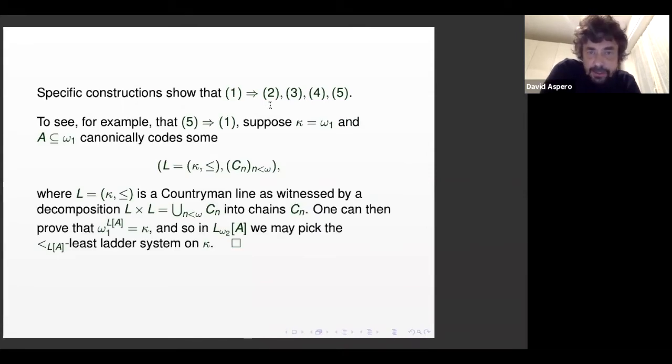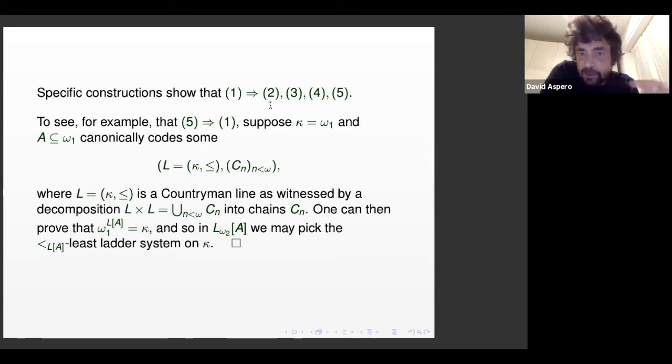So suppose that, take kappa is omega 1 and take a subset of omega 1, which canonically codes some Countryman line on omega 1, and this partition of the square of L into countably many chains. So a Countryman line is exactly an uncountable linear order such that L cross L can be written as a union of countably many chains in the product order.